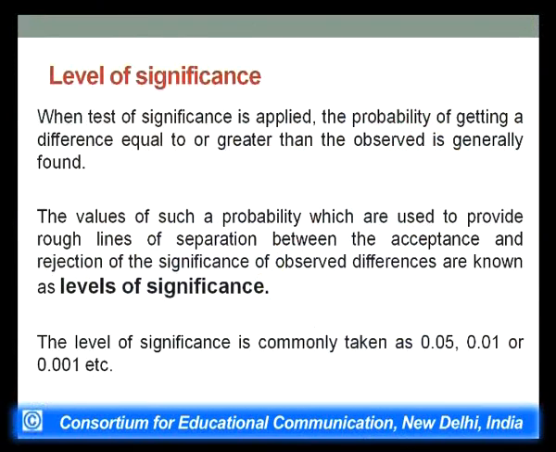So when differences are observed at different levels, that is called the level of significance. We are observing differences on various levels. Levels could be 0.05, 0.01, 0.001. There can be several levels, but if the level is high, then we may have to reject the sample itself.